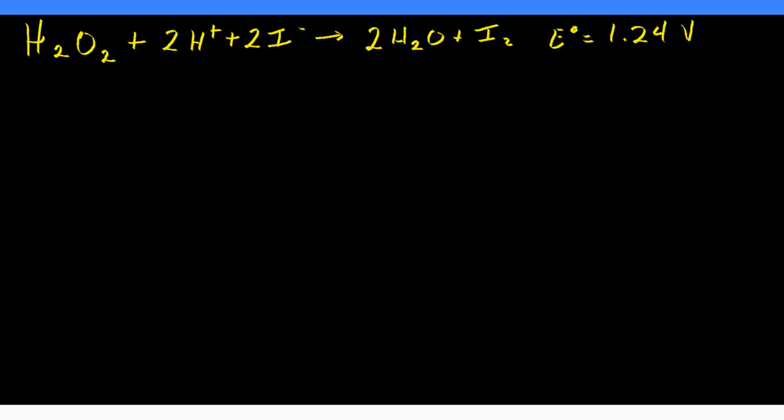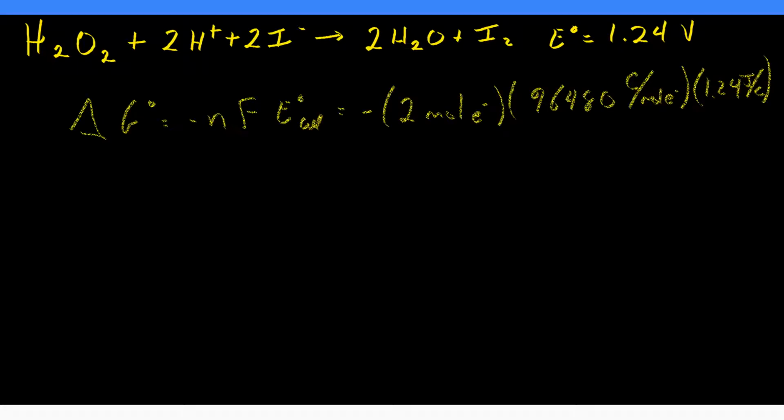The reaction before that, moving on, was hydrogen peroxide plus 2H plus plus 2I minus yields water plus iodine, with a potential of 1.24 volts. And delta G standard equals negative nFE standard equals negative 2.